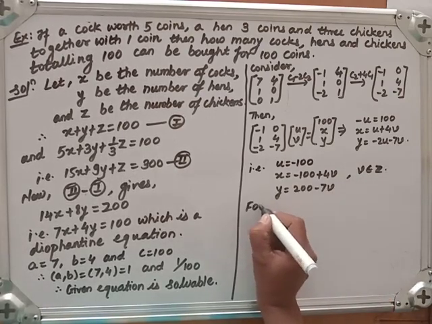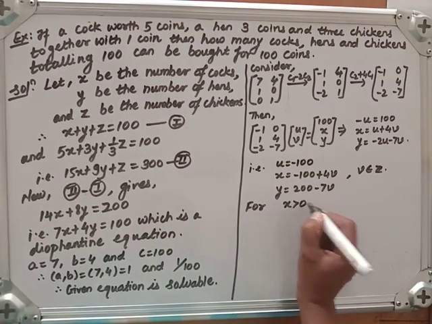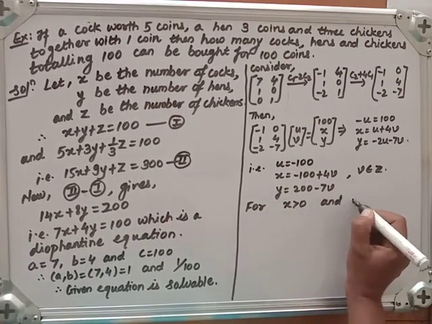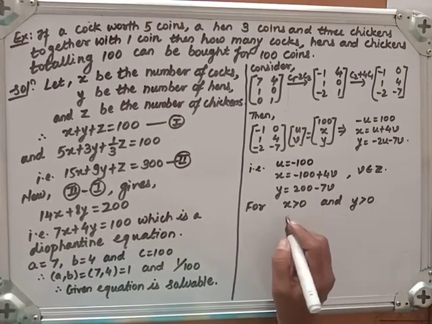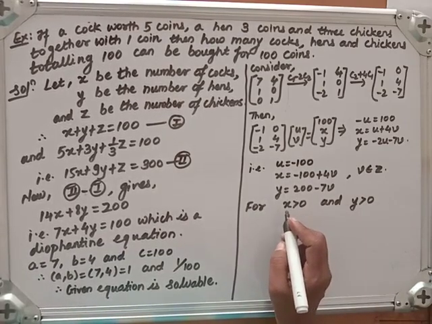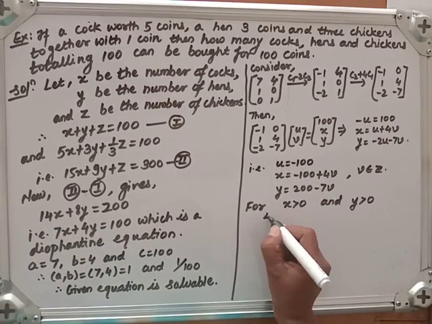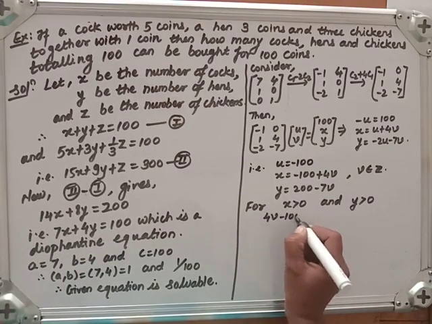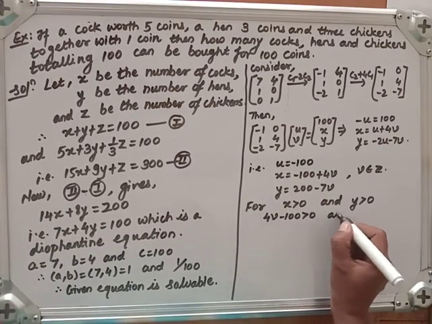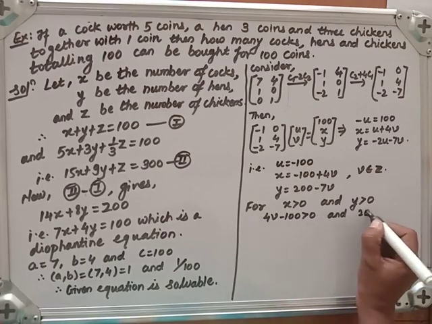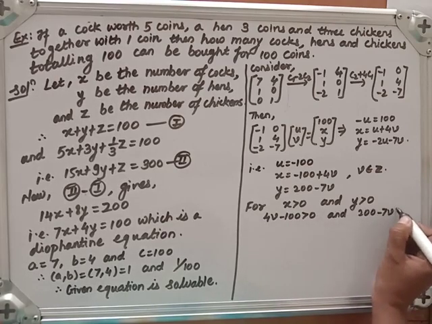For x positive and y positive, we get 4v minus 100 is positive and 200 minus 7v is also what?